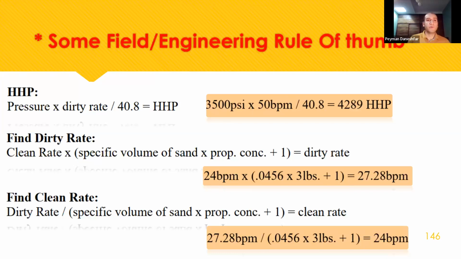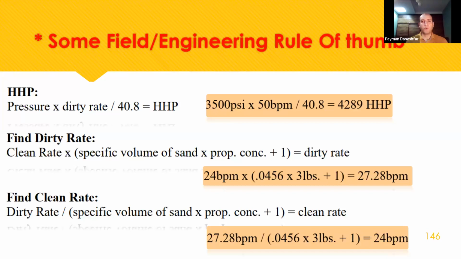How can we find the dirty rate from the clean rate? Multiply the clean rate by the specific volume of sand times the prop concentration, plus 1. You can find the dirty rate and the clean rate with this formula.